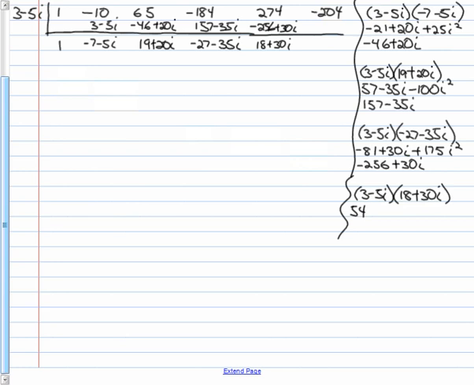Negative 90. 90i minus 90i, ooh, they're gone. Last term's negative 150i squared. i squared's a negative 1, so we're really adding 150. What's 54 plus 150? 204. And you breathe a sigh of relief, because we get our 0.